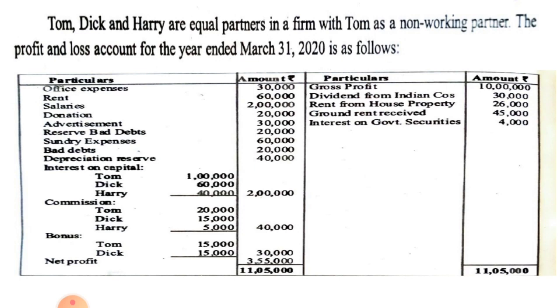First, let us divide the allowed items and disallowed items for the calculation of book profit. You know how to calculate book profit. To the net profit, you have to add three things, that is disallowed expenses, interest on capital above 12%, and remuneration to all partners.